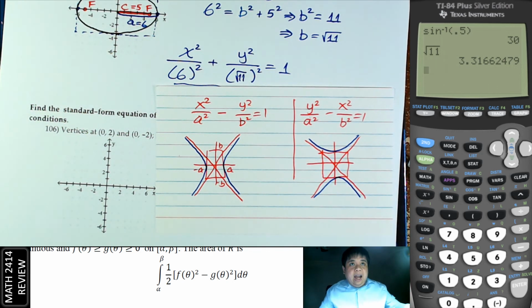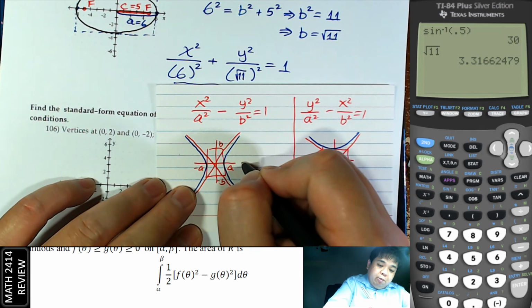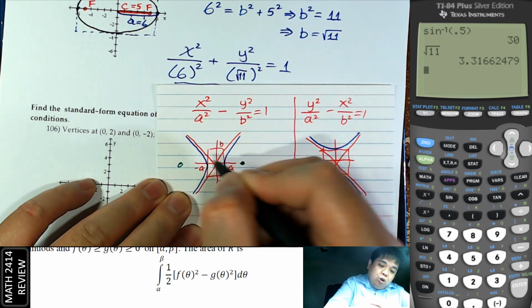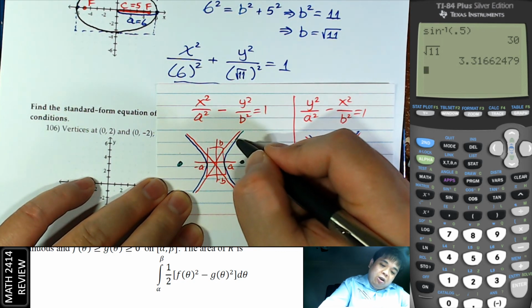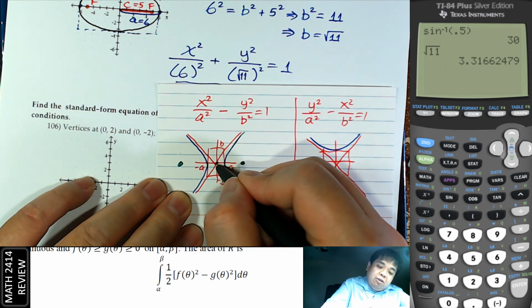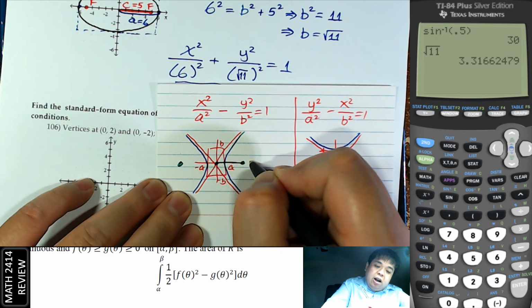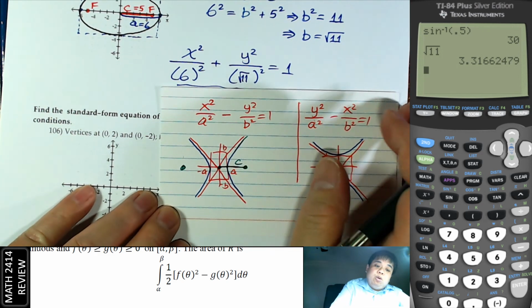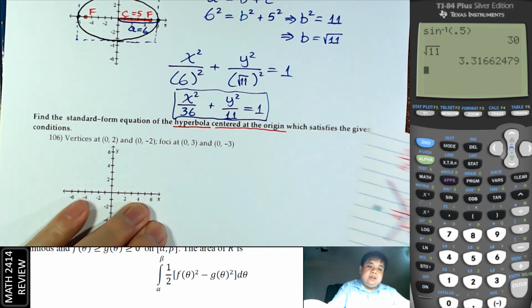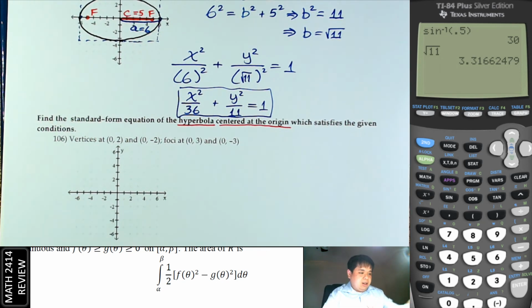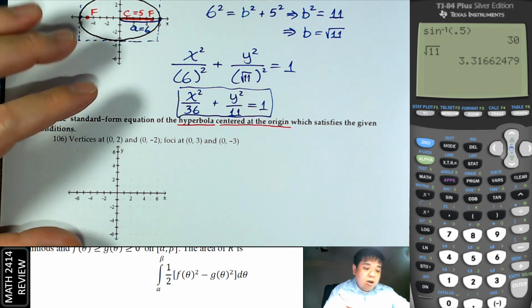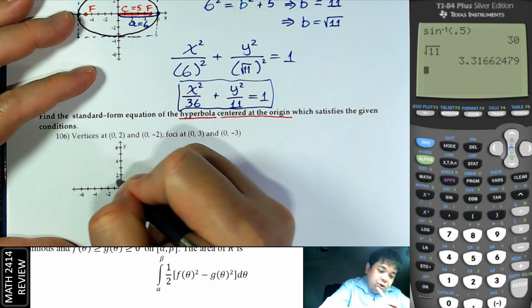Right, and in the hyperbola there will be two foci, where the graph goes around it, and the distance from the center to a focus is C. In this case, C will be the biggest one. Right, now let's look at this. The vertex is 0 and 2, x equal to 0, y equal to 2.